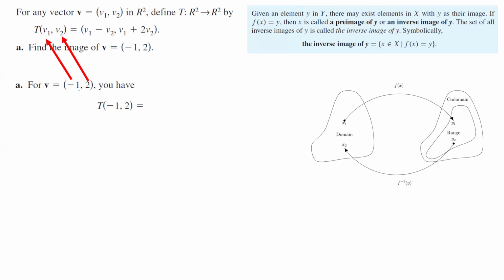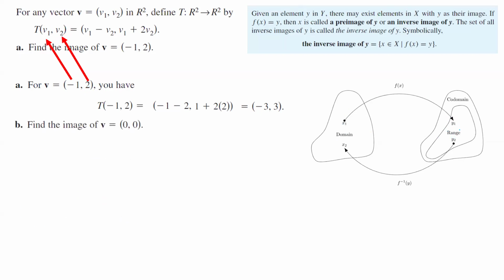So we just need to plug them into the definition of this function, which is -1 minus 2. This is -3, comma, -1 plus 2 times 2, which is 3. So basically, this function takes -1 and 2 in the domain and gives you another vector, which is -3 and 3 in the range. This value belongs to the range of this function.